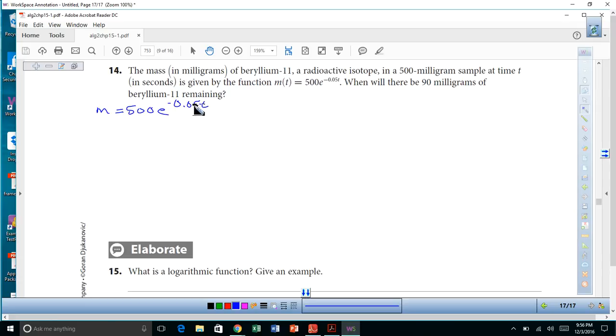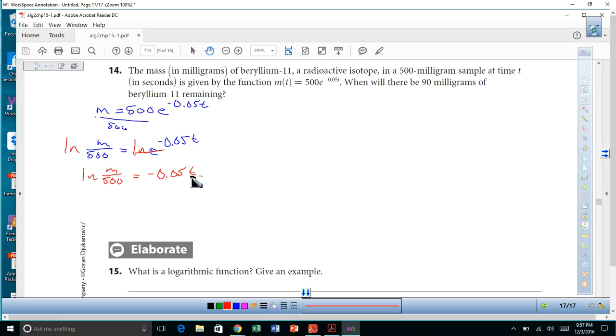Let's divide everything by 500, and that gives us m over 500 equals e to the negative 0.05 t. Now we take the natural log of both sides, which cancels the e, and we have the natural log of m over 500 equals negative 0.05 t.